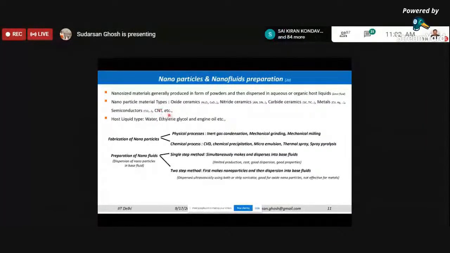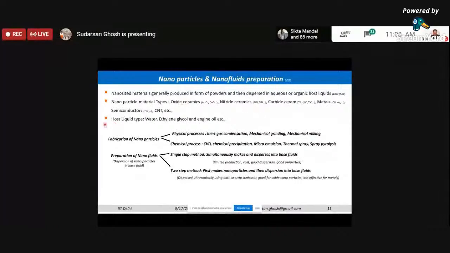In our work, we have mostly used the oxide ceramics because they are comparatively easily available and low cost. Some metals like silver we have also used in our experiments, but frankly speaking, these metals are costlier than oxide ceramics.